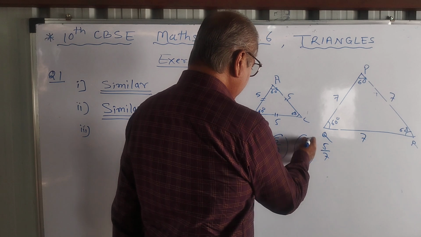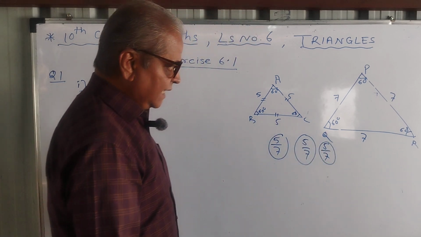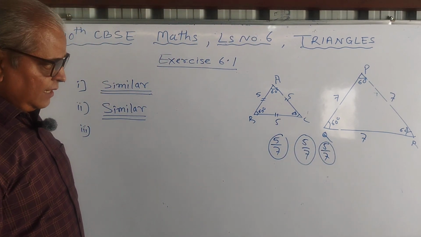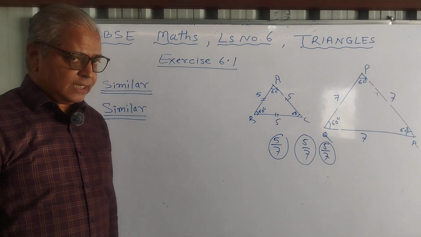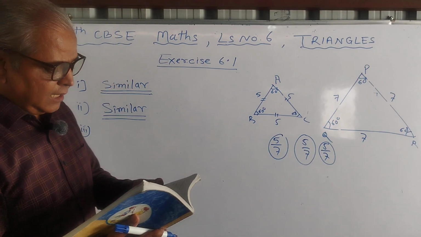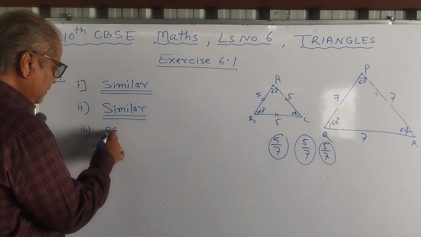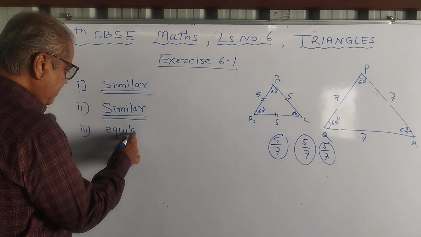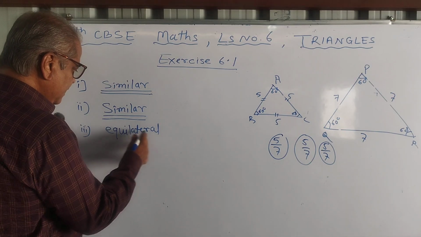So ratio equal आहे, म्हणजे corresponding sides are in proportion and all angles are congruent, therefore all equilateral triangles are similar. So here equilateral is your answer.